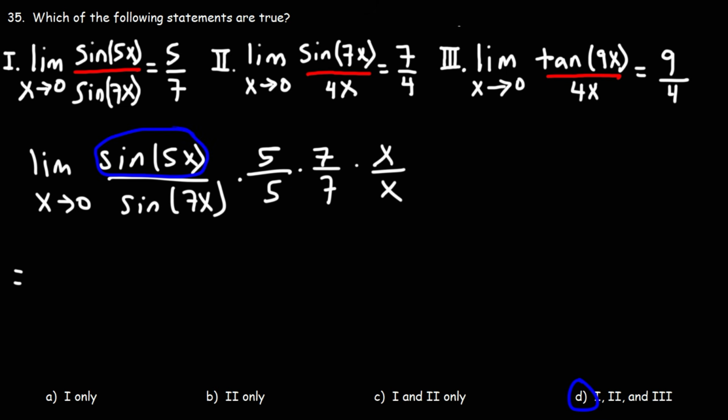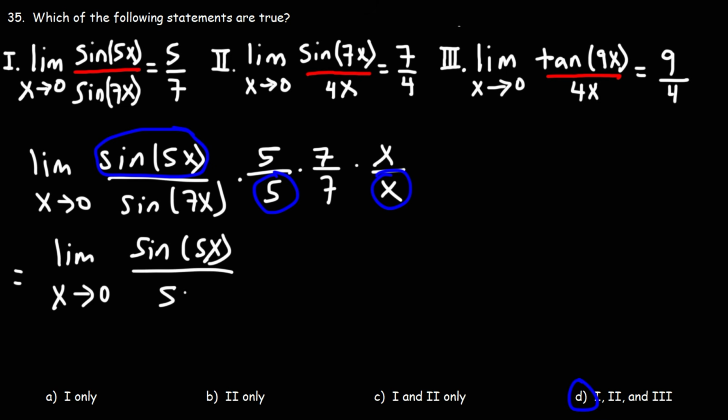So here I have sine 5x, and I'm going to put the 5x on the bottom. So I'm going to have the limit as x approaches 0 of sine 5x over 5x. Now next I have sine 7x, and I'm going to pair it with the 7x on top. So this is going to be times the limit as x approaches 0.